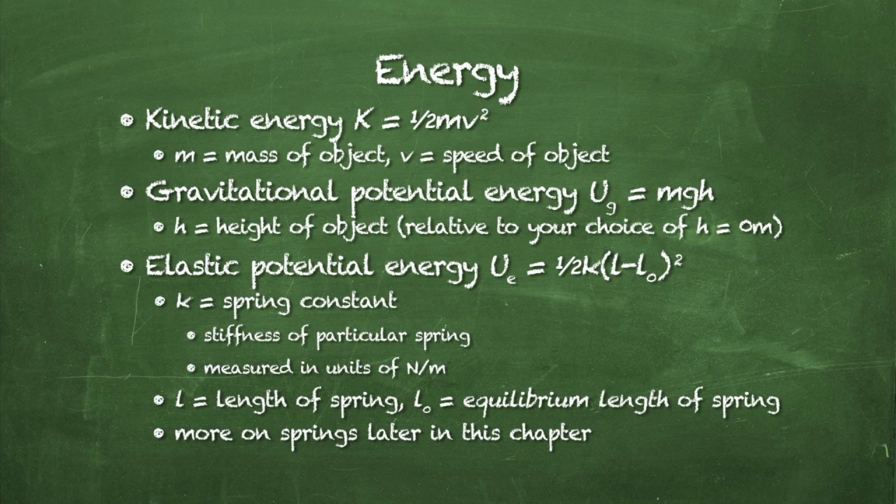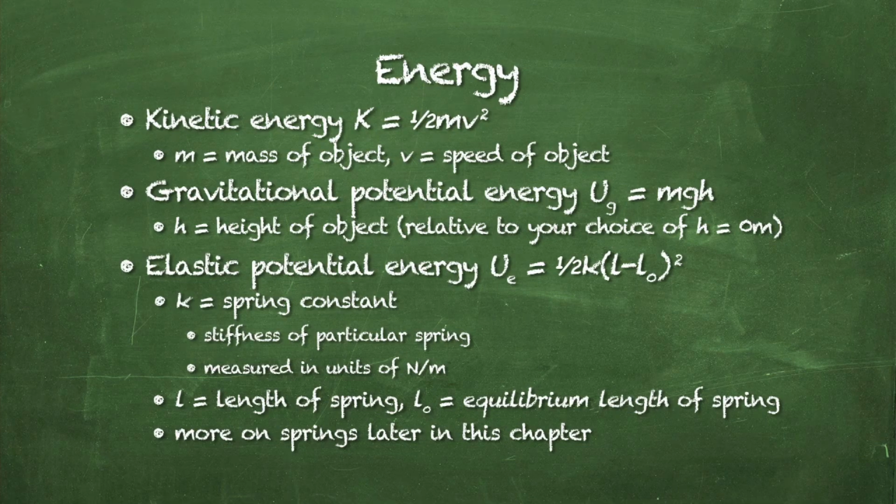And finally, elastic potential energy, 1/2 k times the length of the spring or bungee minus its unstressed length squared, or UE equals 1/2 k (L minus L0) squared.